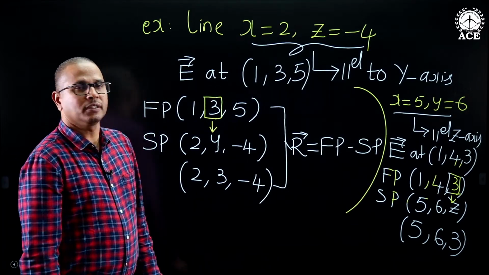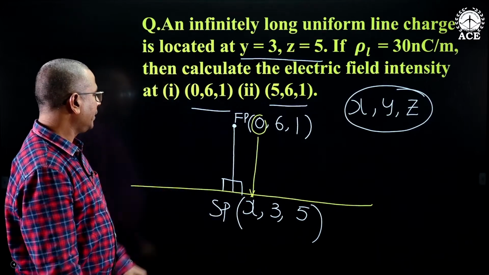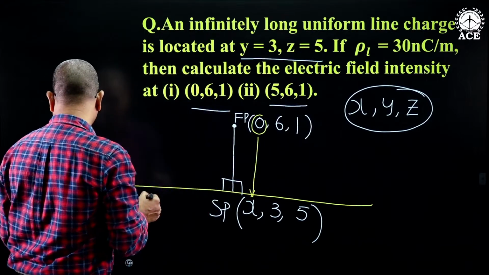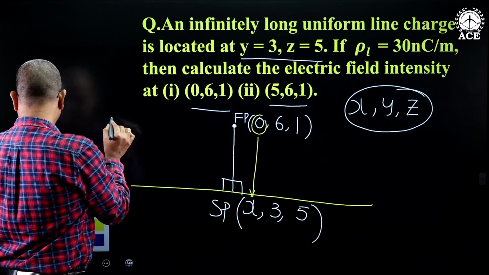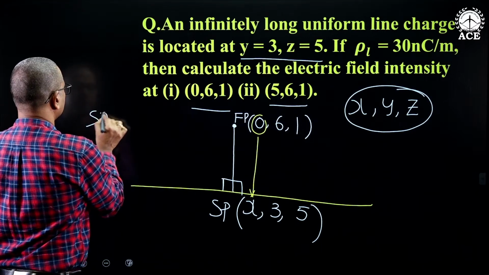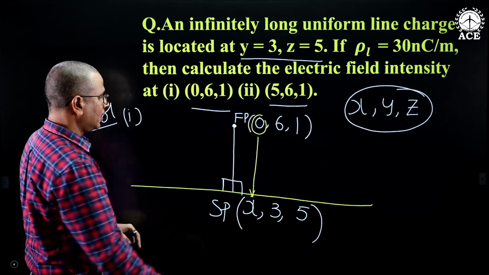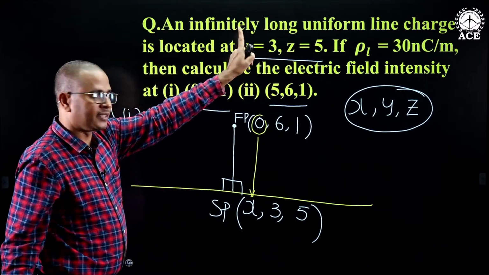I have just given 3 different examples of how to choose it. Now with this information, I am giving you this problem, how to solve it. Now tell me, what are the new coordinates? What is the field point? 0, 6, 1. Let me solve the first one. The field point is 0, 6, 1. Now what is your source point? Y is constant, Z is constant, X is missing.